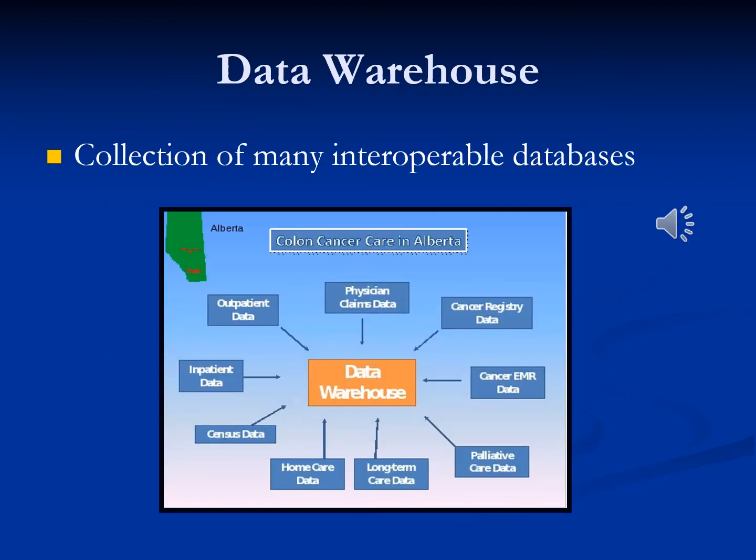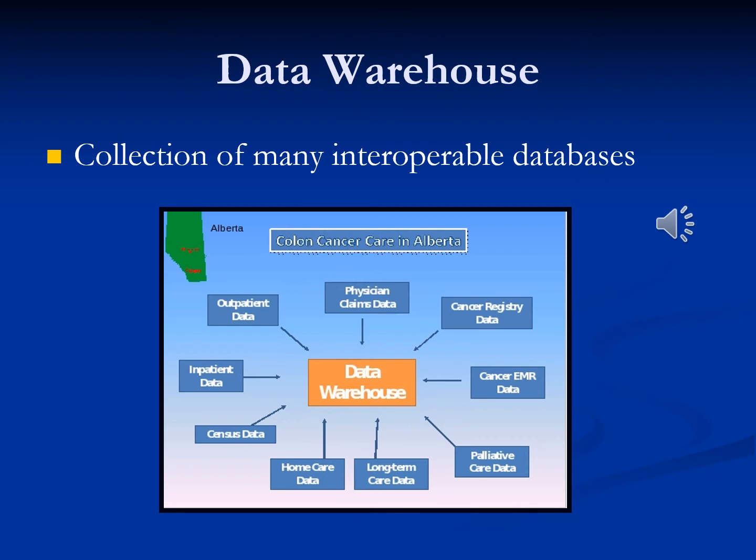So a data warehouse is a collection of many interoperable databases. So in this particular case, you could see that this is the Colon Cancer Care in Alberta, Canada. And they have a data warehouse, and that has things such as the cancer registry data, electronic medical record data, long-term care, home care, census data, outpatient data.